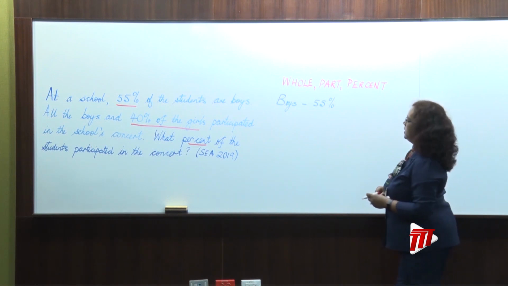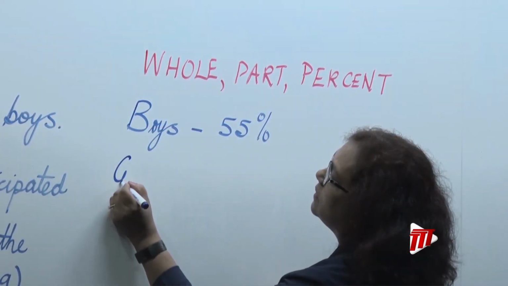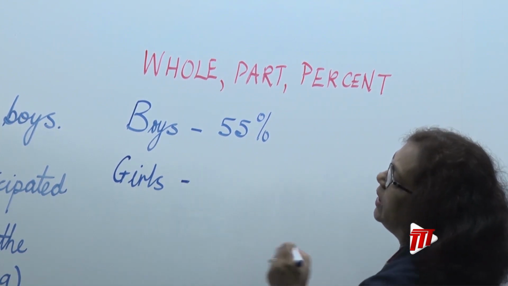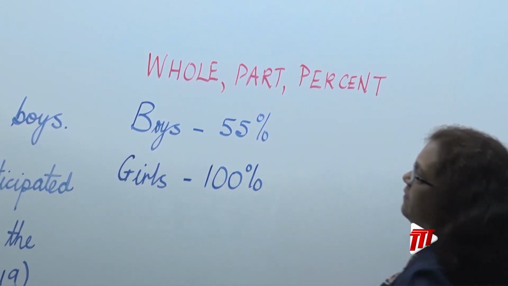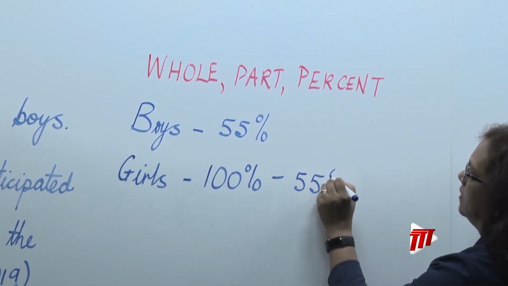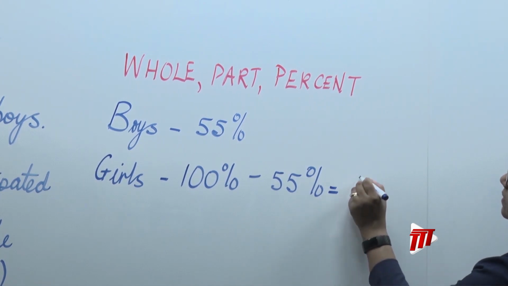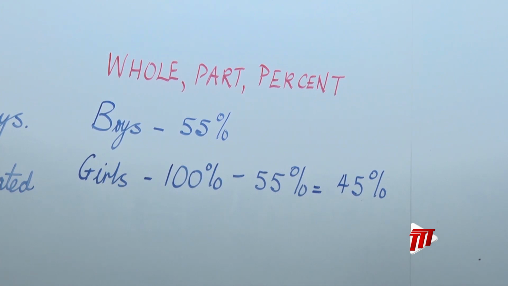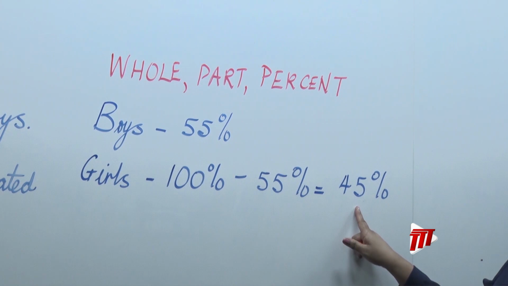So the percent of girls in the school, to calculate that, we are going to subtract 55% from 100%. And that is going to give us 45%. So what we have found so far is that 45% of the students are girls.